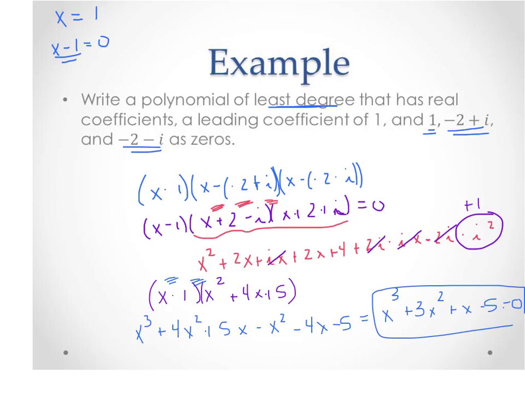There is our polynomial with least degree, because we have degree 3 because we had 3 zeros, with a leading coefficient of 1. So there it is. And we're going to try that one more time.